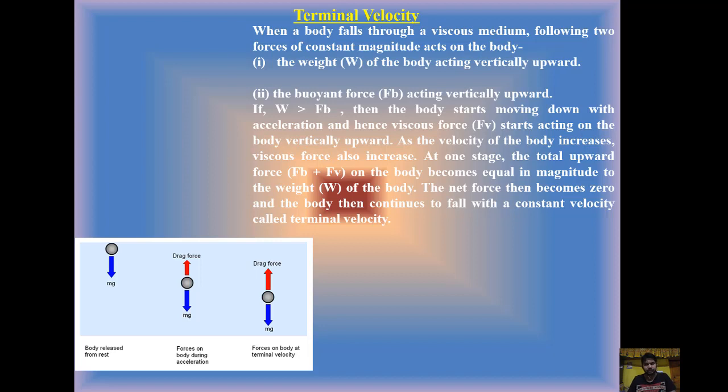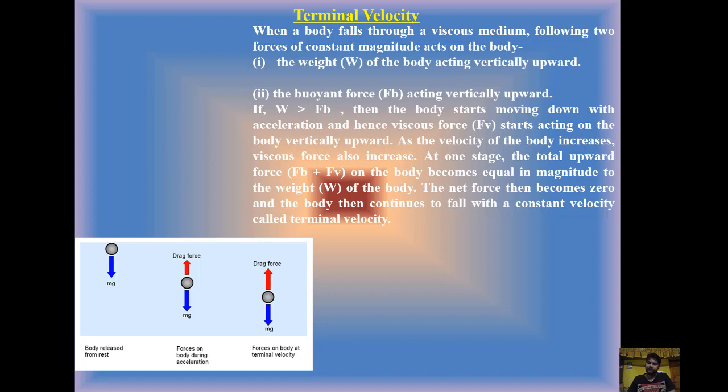As the velocity of the body increases, the viscous force also increases. At one stage, the total upward force, which is Fb plus Fv, where Fv is the viscous force and Fb is the buoyant force, becomes equal in magnitude to the weight of the body.